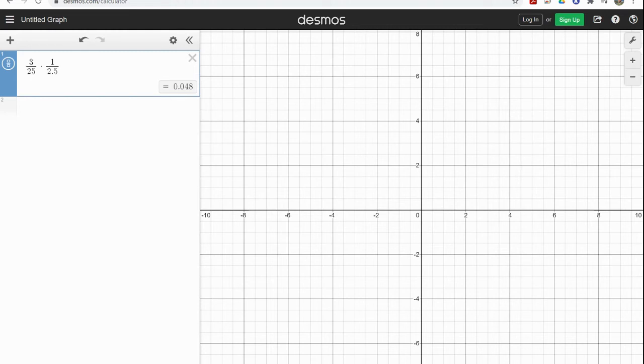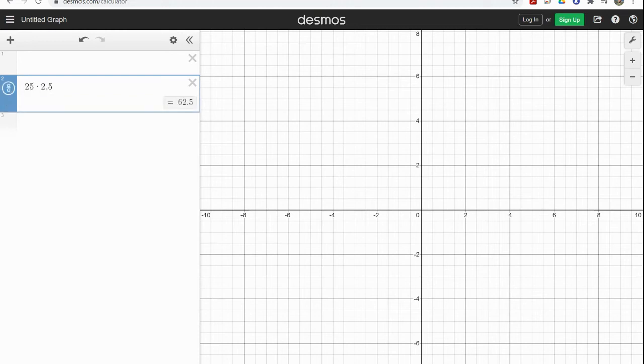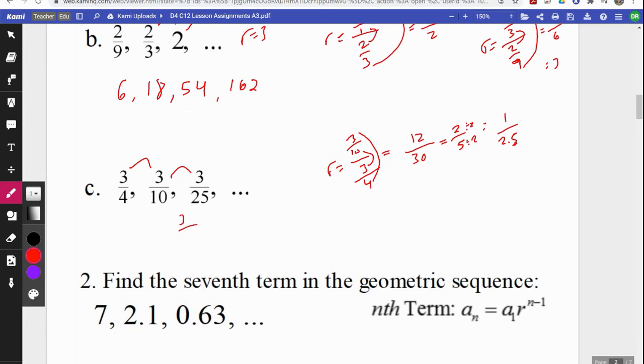So we would have to just kind of figure this out on our own. We know the 3 is going to stay on top. We could just do 25 times 2.5, which is 62.5. So it would be 3/62.5 for the first one.